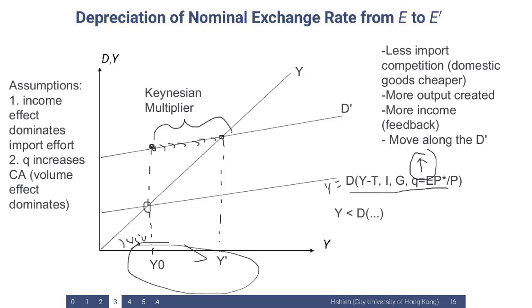By doing that, that assumes that consumption is the primary effect coming from additional income. Okay, and also I assume that Q increases CA, right? Volume effect dominates.